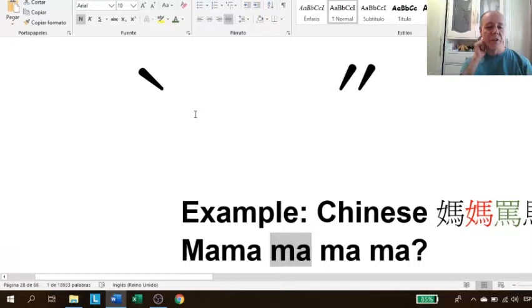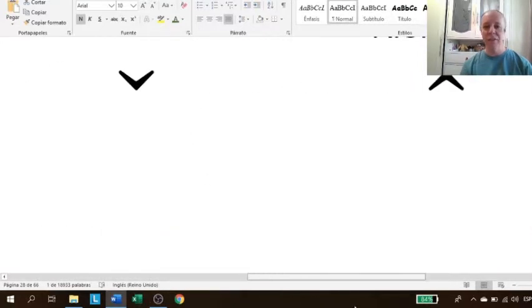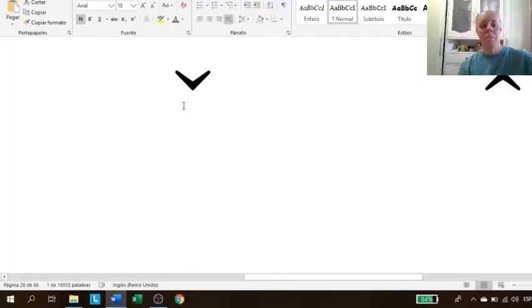So the first one is sol, sol. Mama. The second one, ma. The third one has a decreasing intonation and then a rising one. Decreasing and then rising. Ma, ma, like this. And that means horse.